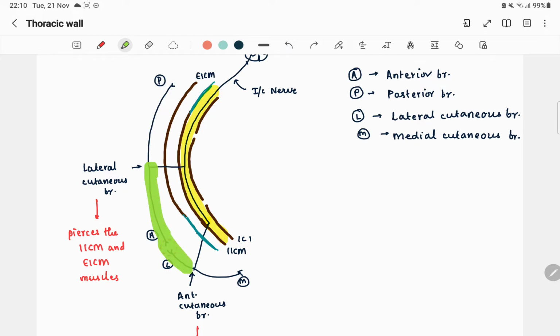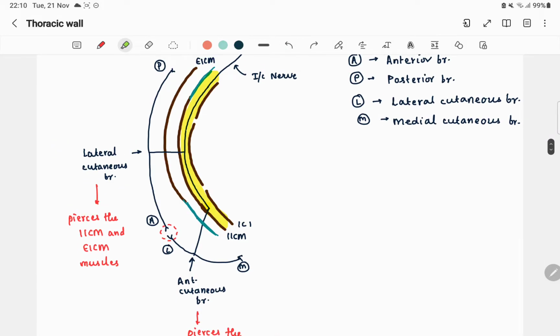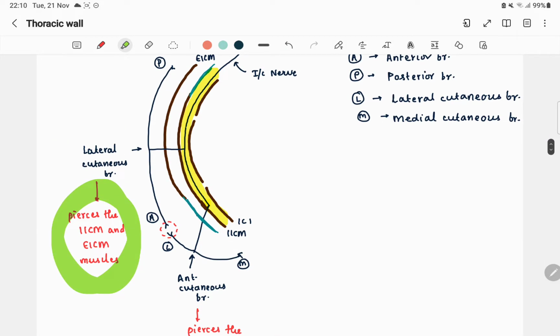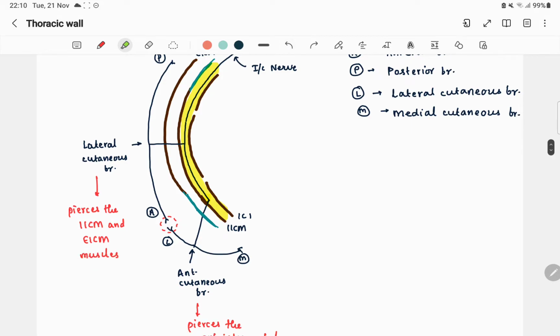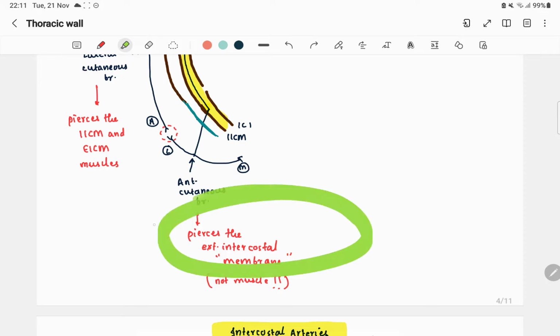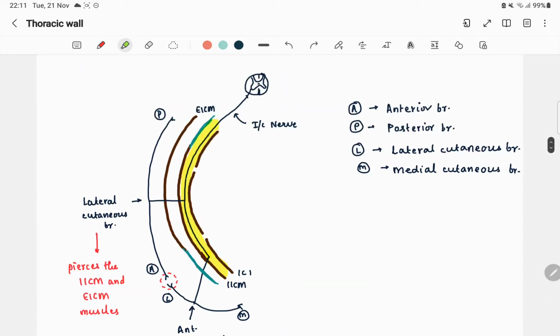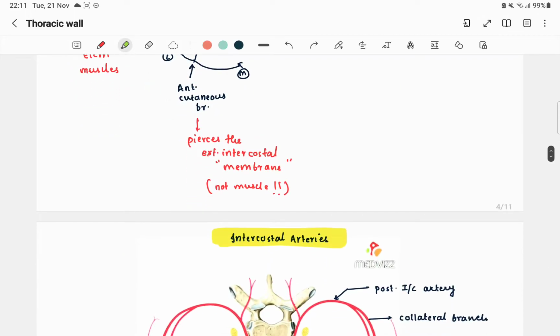This anterior branch and the posterior branch anastomose with each other. So the lateral cutaneous branch pierces the IICM and the EICM muscles. Note that it is muscles, but your anterior cutaneous branch pierces the internal intercostal muscle, but not the external intercostal muscle. It pierces the external intercostal membrane. Understood? So this is all about your thoracic wall.